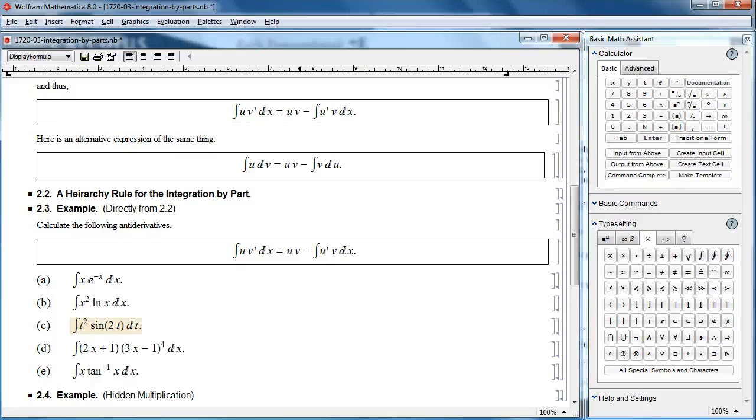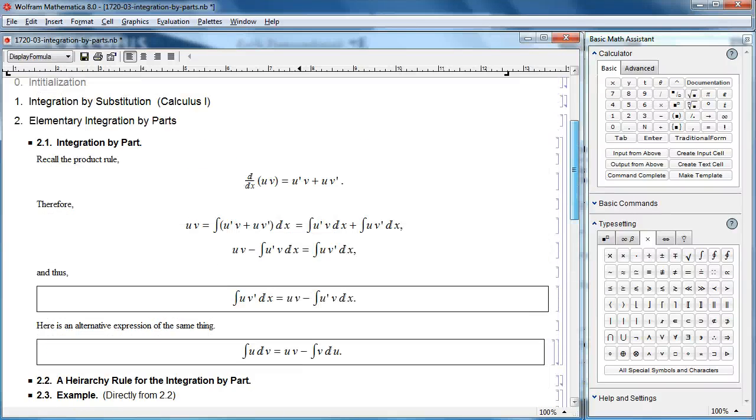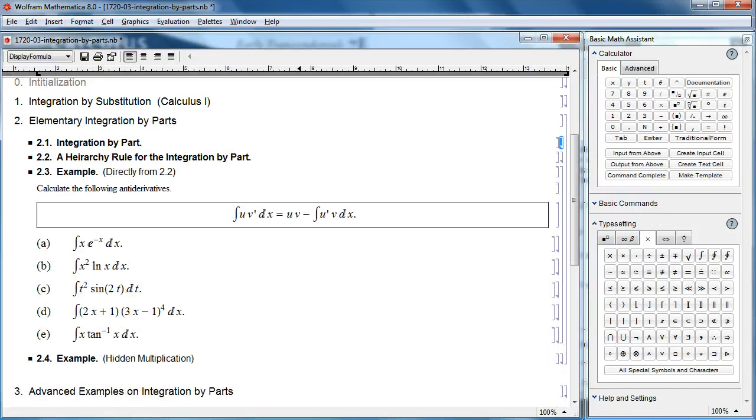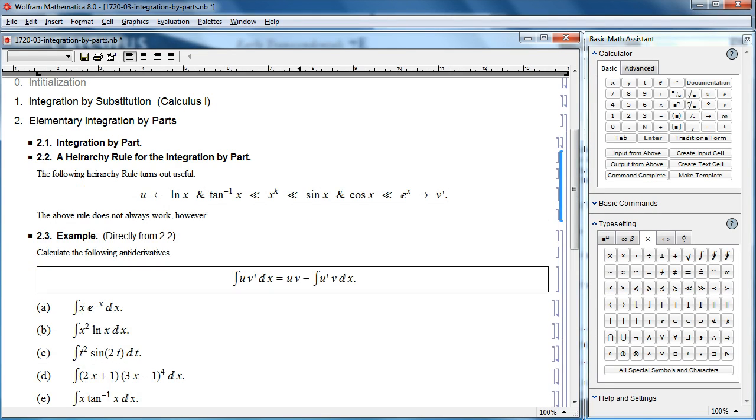Well, that's not always an easy problem to answer, so let me give you a shortcut here. A hierarchy rule for integration by parts, and this doesn't appear in our textbook or any textbook I have ever seen, to tell the truth. I just made it up. The reason is because this hierarchy rule doesn't always work. Works beautifully in a lot of situations, but in many situations it simply doesn't.